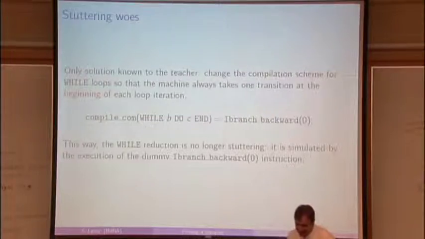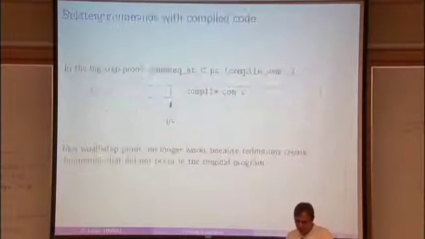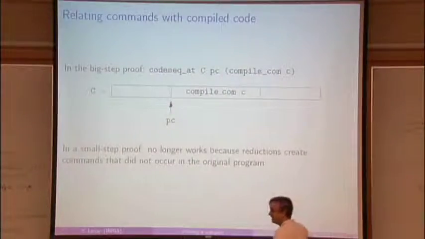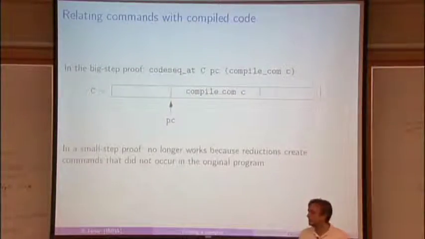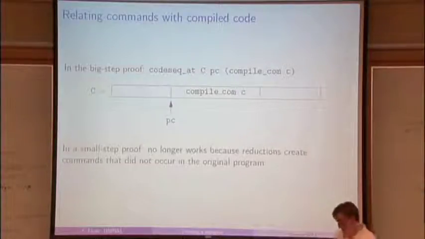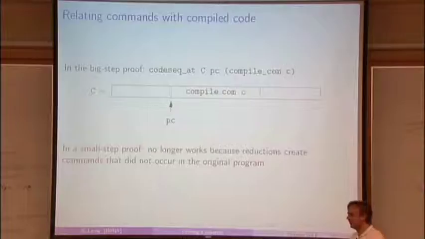All right, but that was only problem number one. Problem number two, yes? Well, you can test, of course, and look at the code, or you could have a second pass that is going to remove those no-ops.